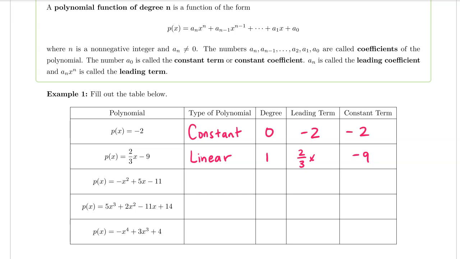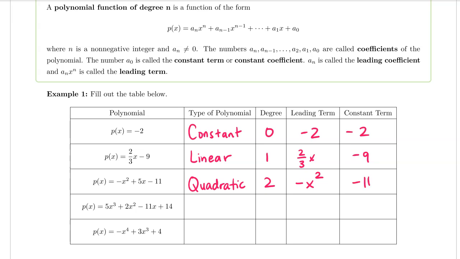Now, in our previous video, we talked about a polynomial of the form ax squared plus bx plus c. That is also known as a quadratic polynomial, and a quadratic has degree 2. In this case, our leading term is negative x squared, and our constant term is negative 11.